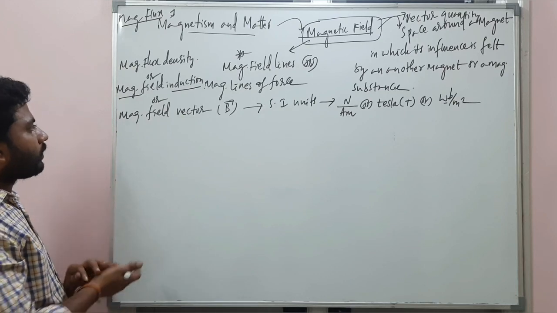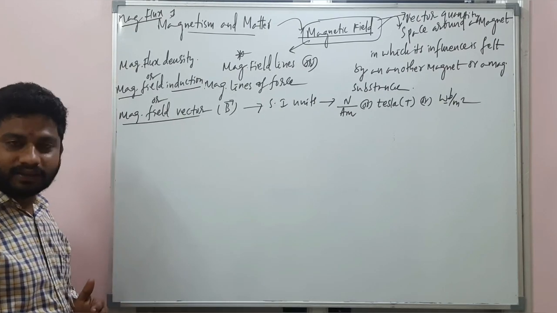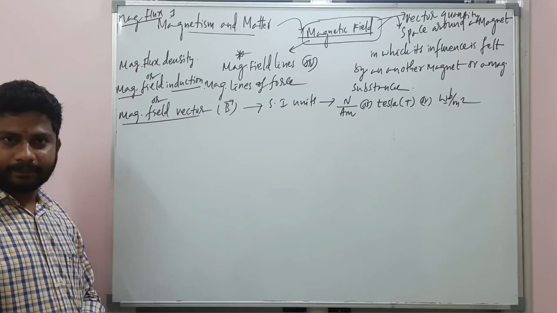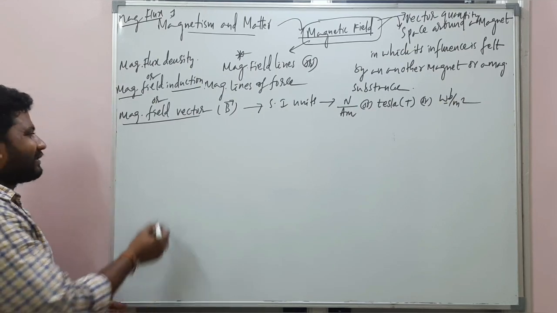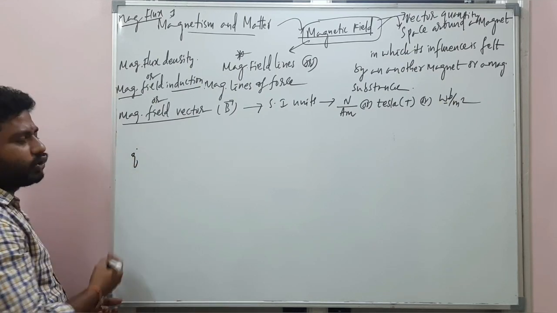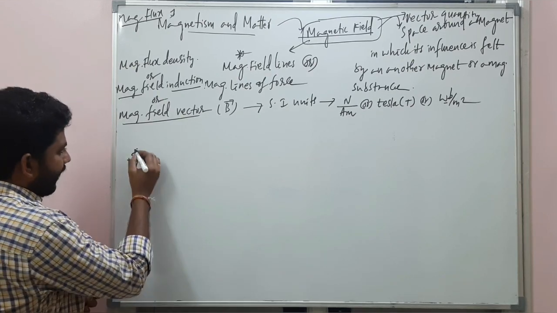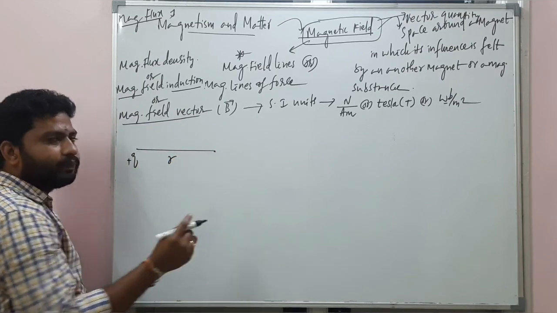Now, what is this magnetic field vector or magnetic field strength? That is also the same. Magnetic field strength. What is meant by that? It's so simple. Let's come back to the electricity chapter. There is a charge Q placed. Imagine it's a positive charge placed here. At a distance r, I have placed a unit positive charge.